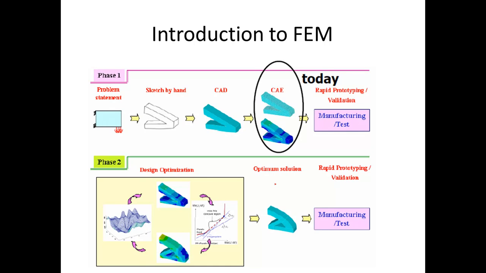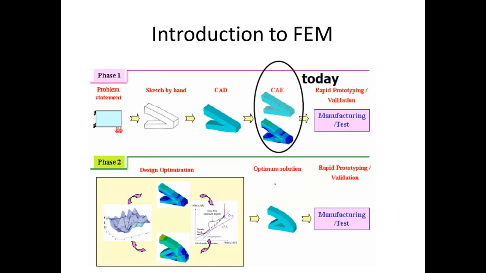Now the main characteristic is that it can give the stress or the result at each and every point, or we can say at each and every node or element, right? Because it defines the equation for each element and then combines all the element equations, and then solves it.